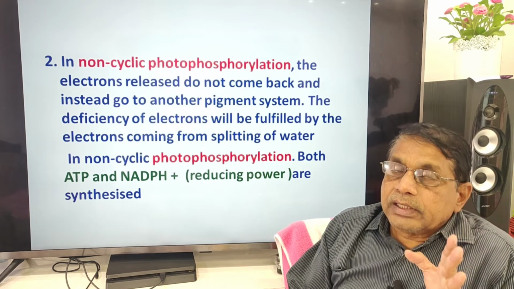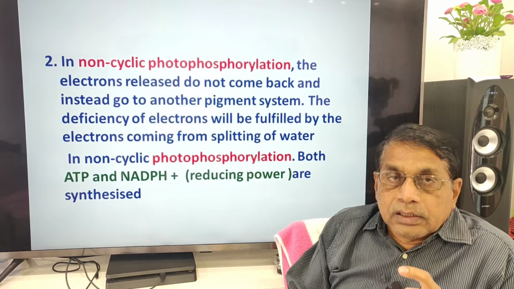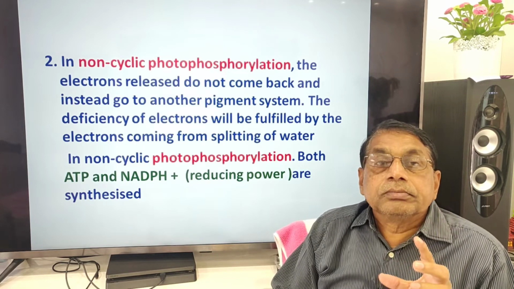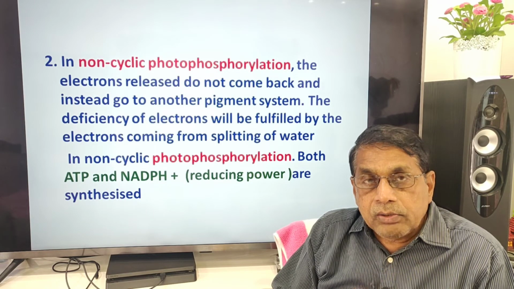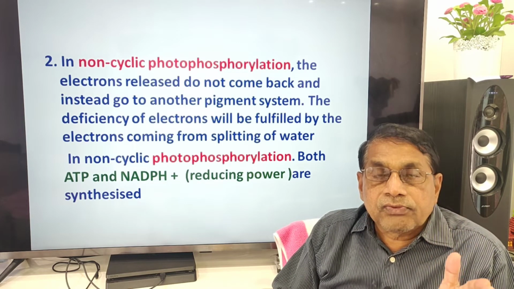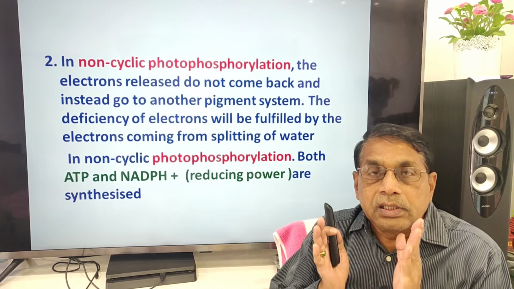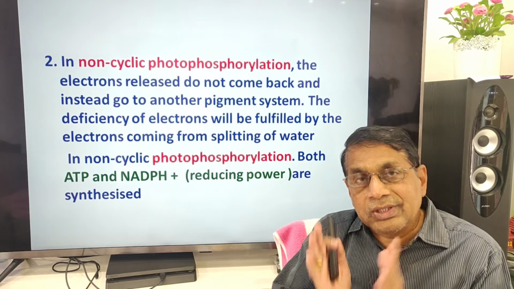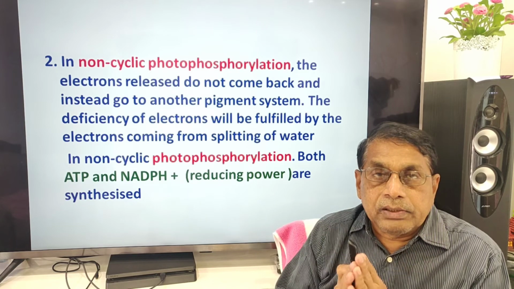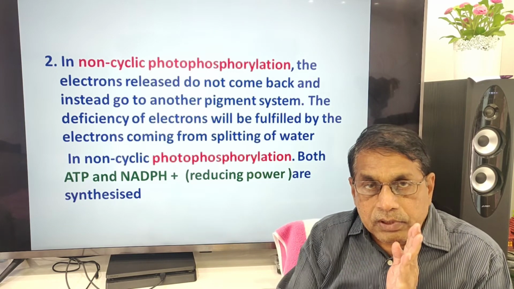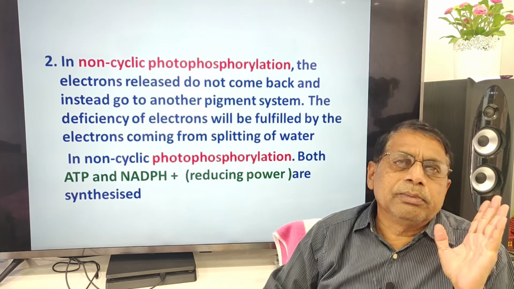Suppose there is cyclic photophosphorylation, but I emphasize again, in higher plants and cyanobacteria, photosystem 1 and photosystem 2, cyclic and non-cyclic, one dependent on the other, both ATP and NADPH are synthesized. But in certain bacteria, there will be cyclic phosphorylation returning to the same photosystem. In that, only ATP will be synthesized.